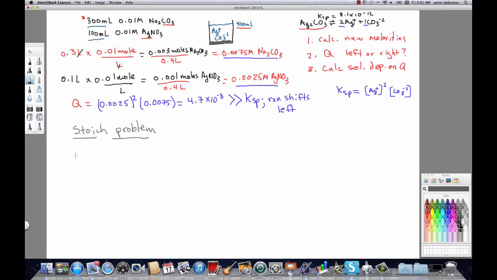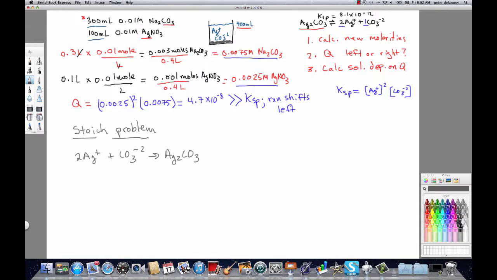What do I mean by that? So we're going to have silver ion, which is combining with the carbonate to form the silver carbonate. And we need to figure out which one of these two things is the limiting reactant.